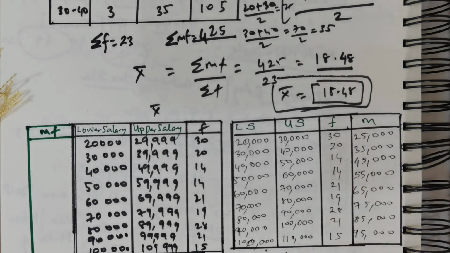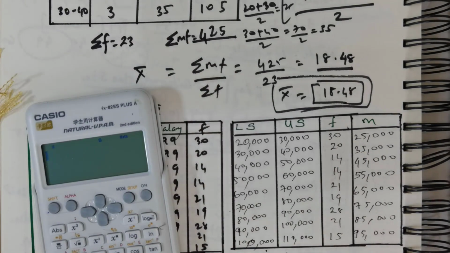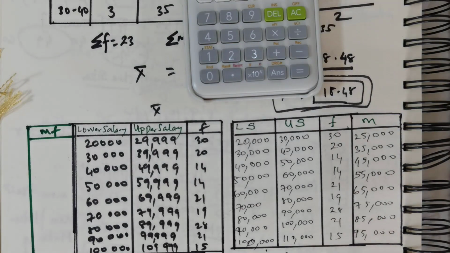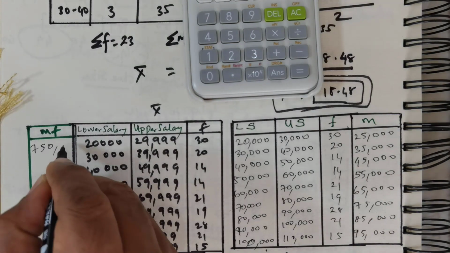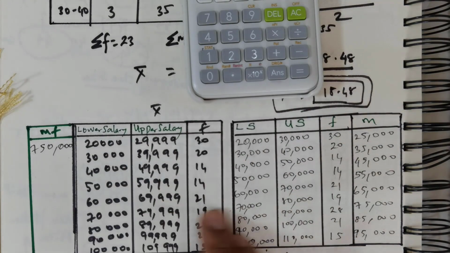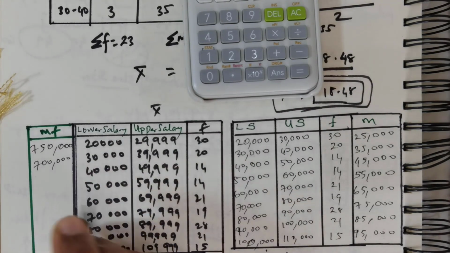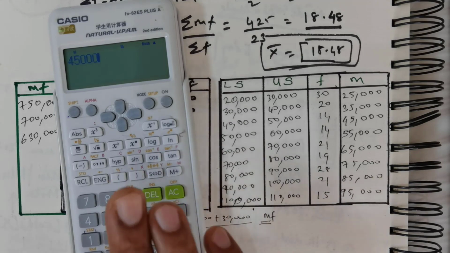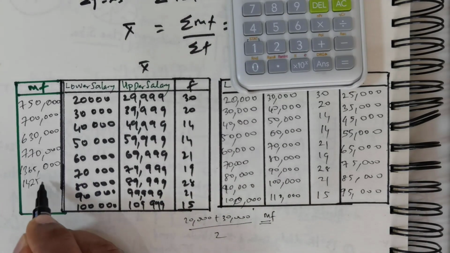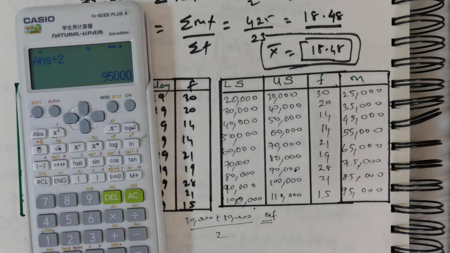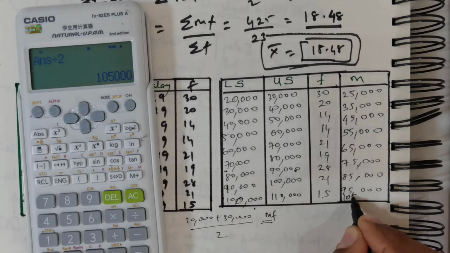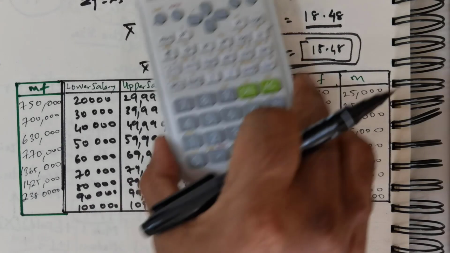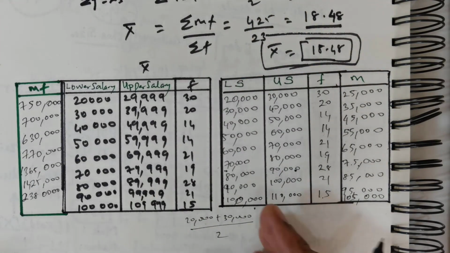So this into this, you can use a calculator, and 25 into 30, 750,000, and then this is 700,000, right? 20 into 35, and now I need to place one more value, that's 105,000. This is important.